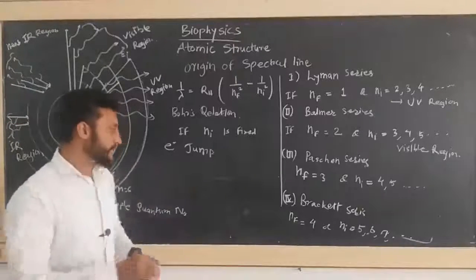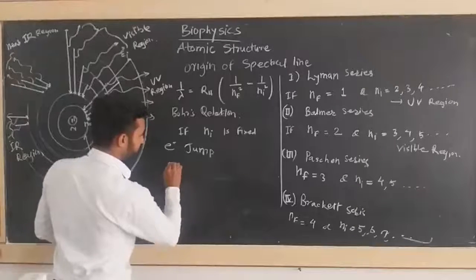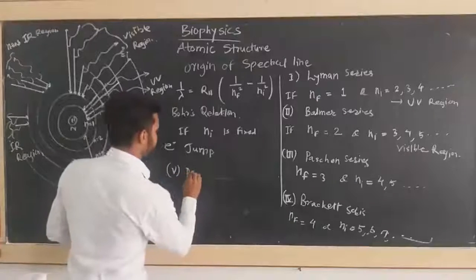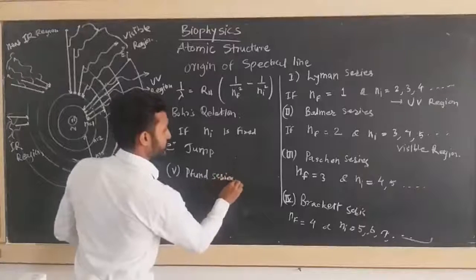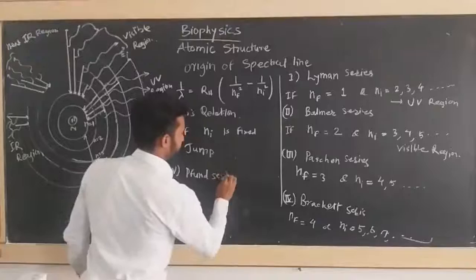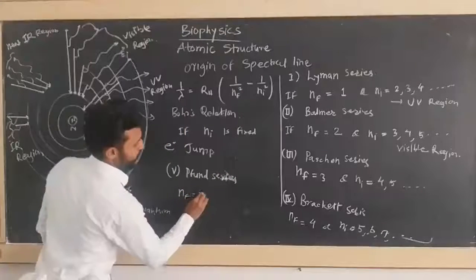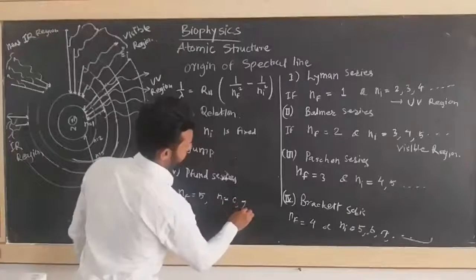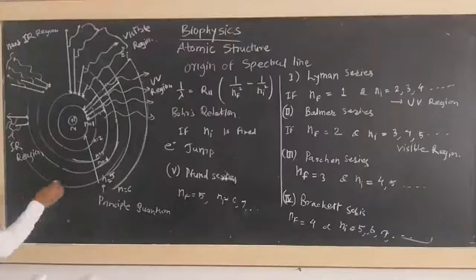And the next series is the last one, the fifth one, Pfund series. In this series n final is 5 and n initial is 6, 7 and so on. So in this series n is equal to 5.